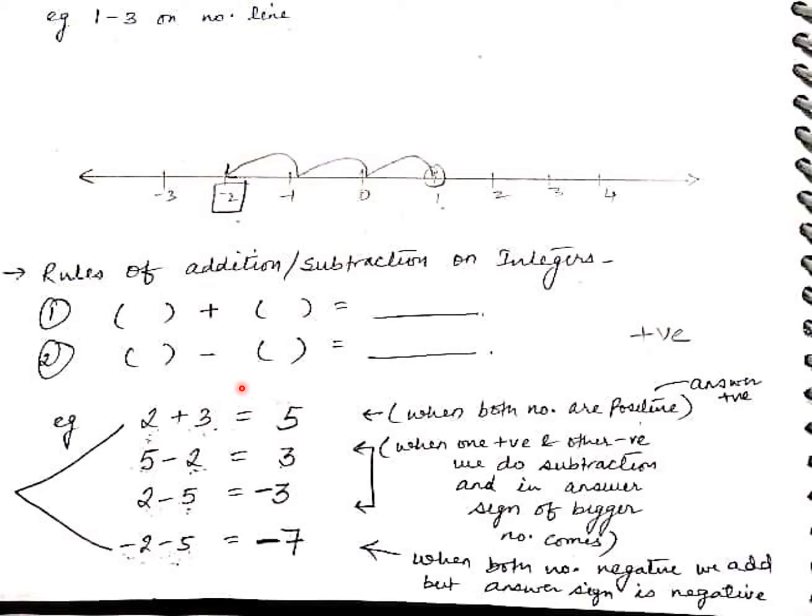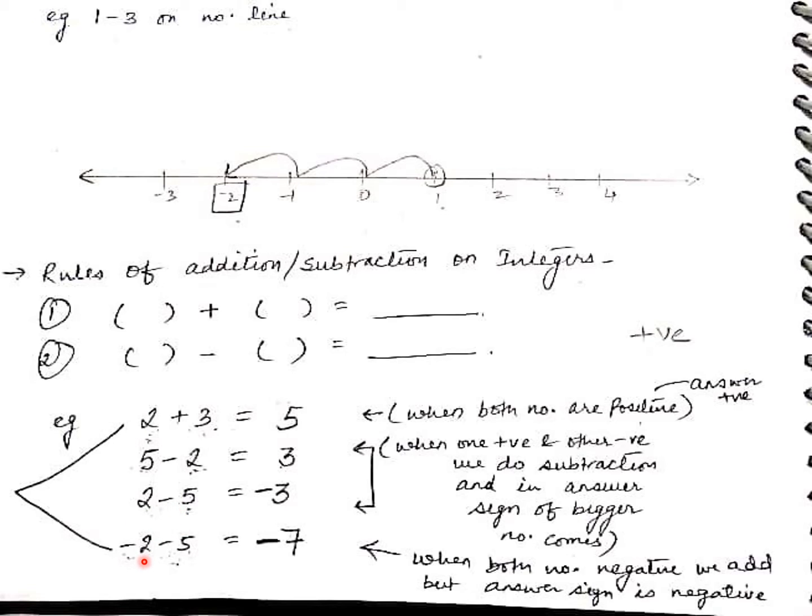For example, I have taken four cases. In the first case, both numbers have the same sign, and that is positive. Here 2 is positive and 3 is positive, and between them the sign of plus is there. So 2 plus 3 will be equal to 5. Similarly, like this, let's take the last case, minus 2 and minus 5.